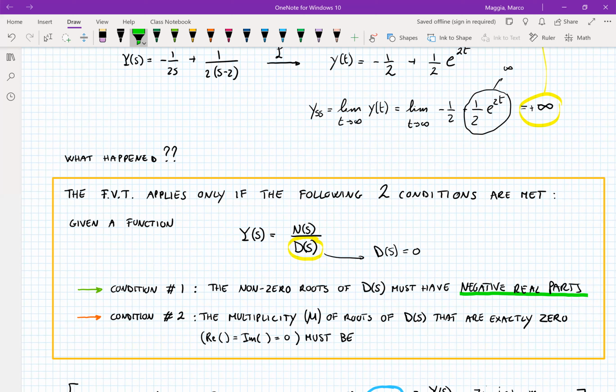Condition number 2 says that if instead the roots of d of s are exactly equal to 0, so that means that both real and imaginary parts are equal to 0, well, we can have at most one of them. So the multiplicity can be at most 1.